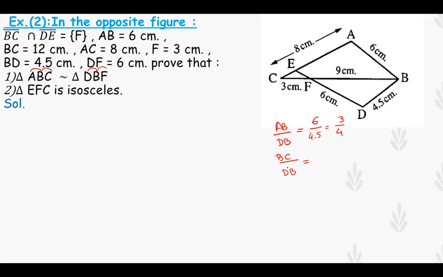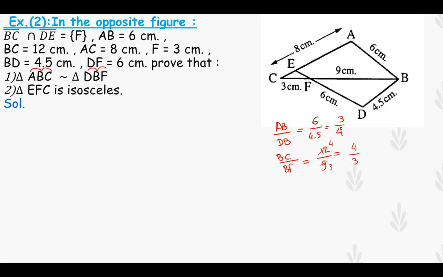BC over BF, sorry. Here we have BC, its length equals 12 centimeters over BF, 9 centimeters. Put it in the simplest form, divided by 3, it will be equal to 4 over 3.